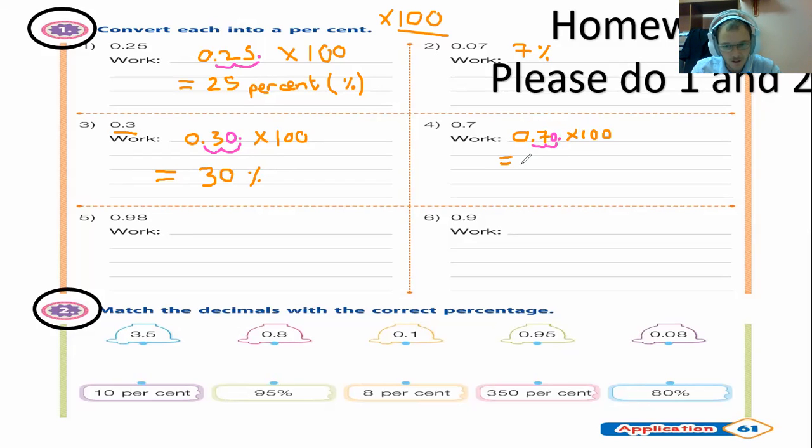So then our final answer will be 70%. If any of you do not understand and you would like me to explain more, you can always send me a message in the line group, and then I can look at that for you.